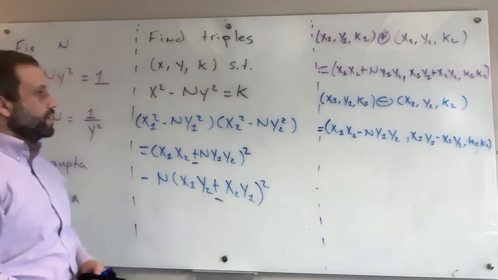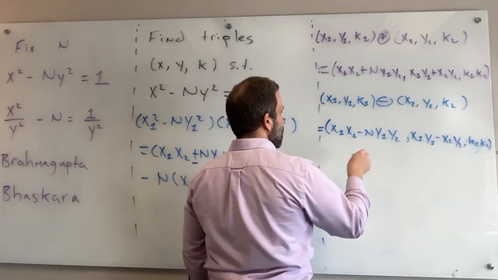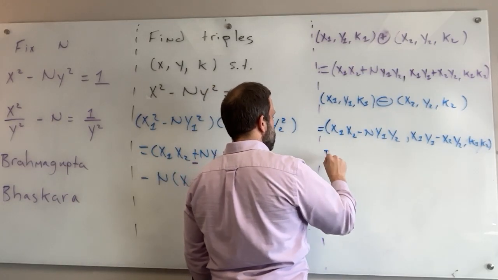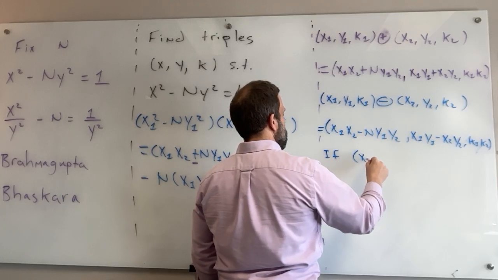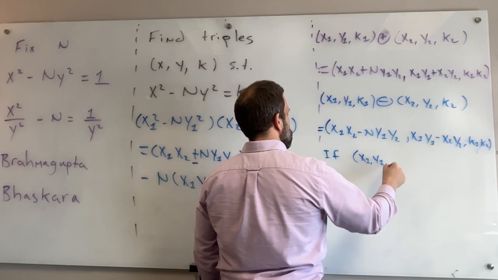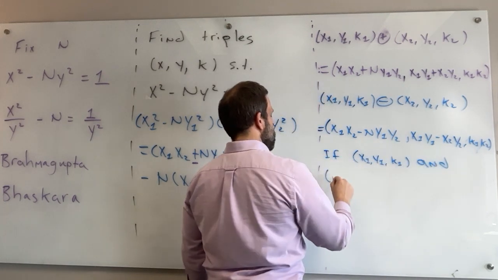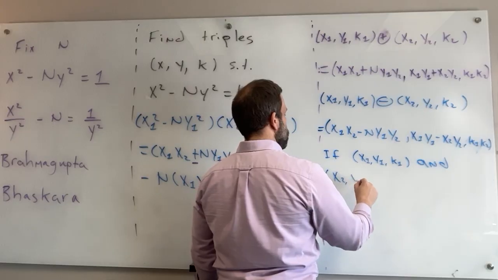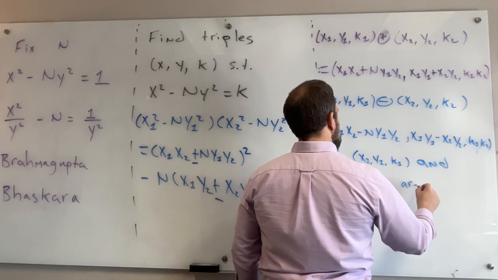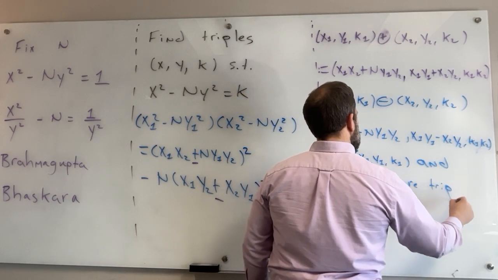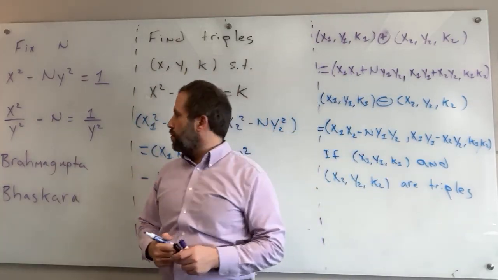Okay, so I'm going to have that there. I'm going to have to start erasing things, but here's what I want to show. I'm just going to talk through this. If x1, y1, k1 and x2, y2, k2 are triples in this sense right here, I'm going to call them Brahmagupta triples.